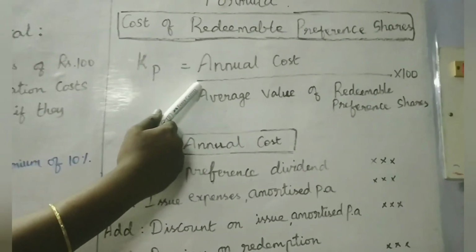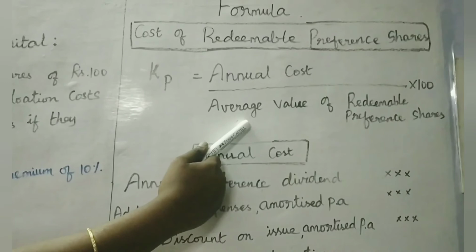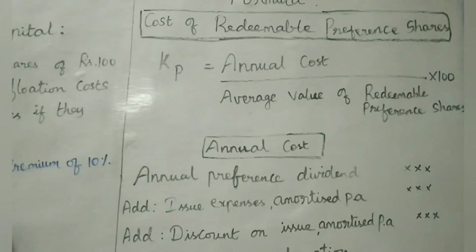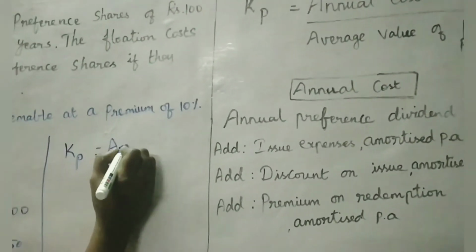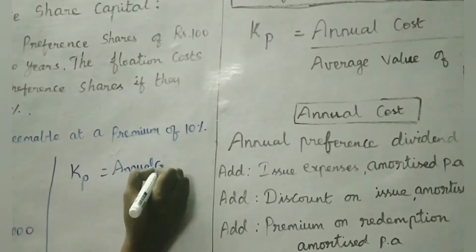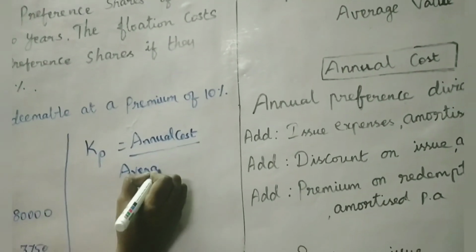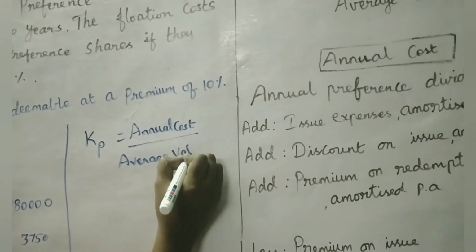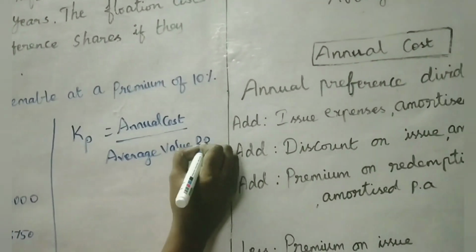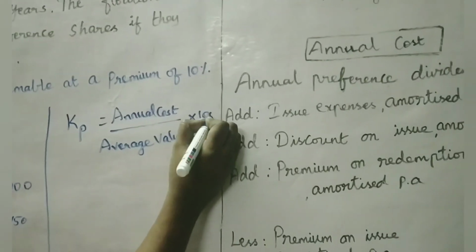Cost of preference shares is equal to annual cost divided by average value of redeemable preference shares into 100.